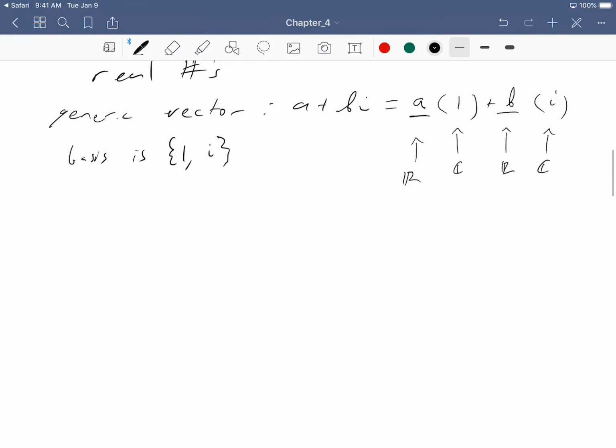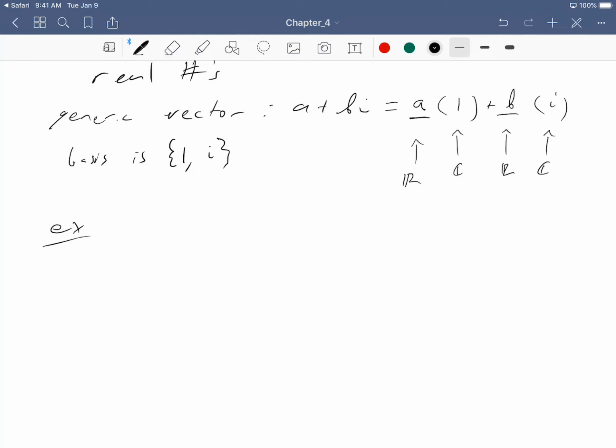Okay, let's try another one that's familiar. So Q adjoin root 2 over Q. So this is again a field extension, or Q(root 2) is a Q vector space.